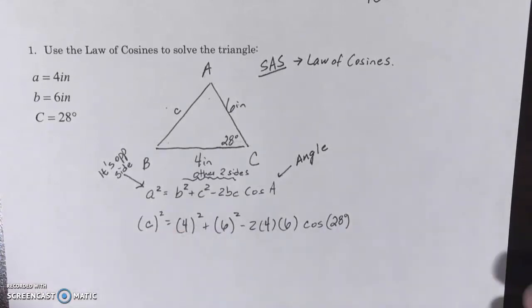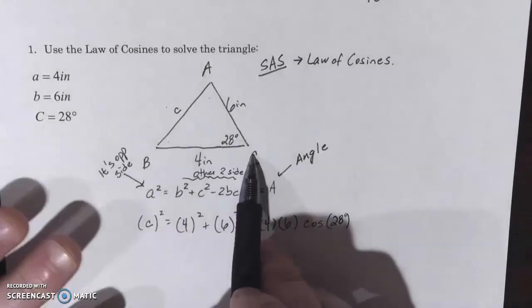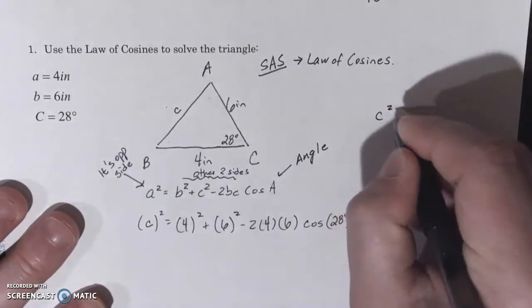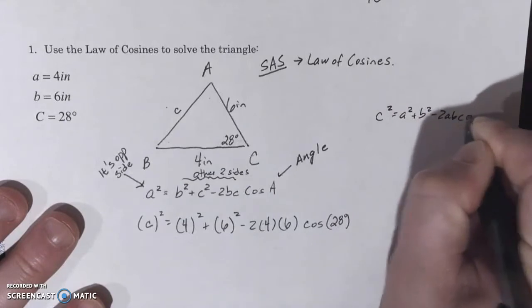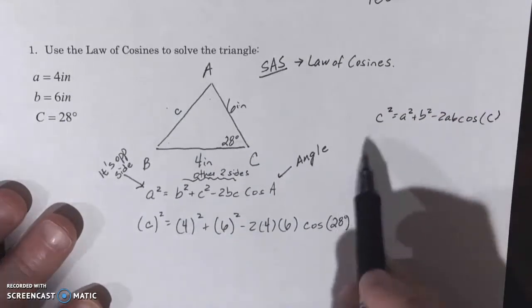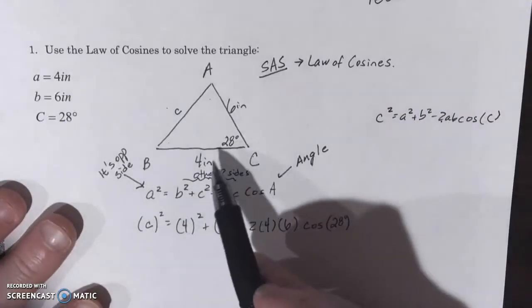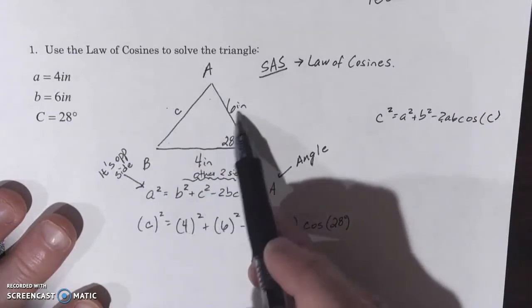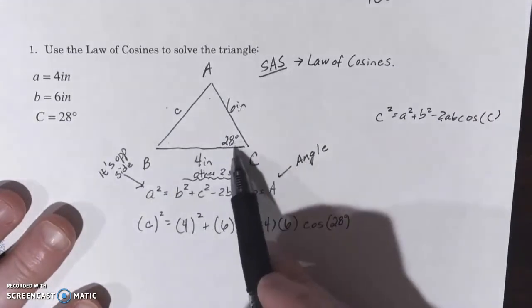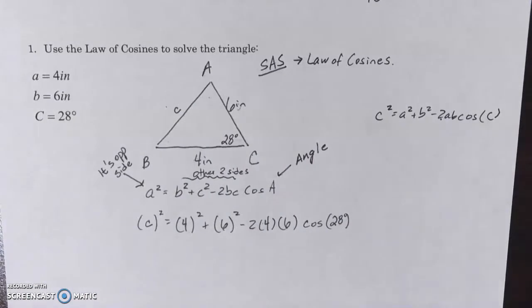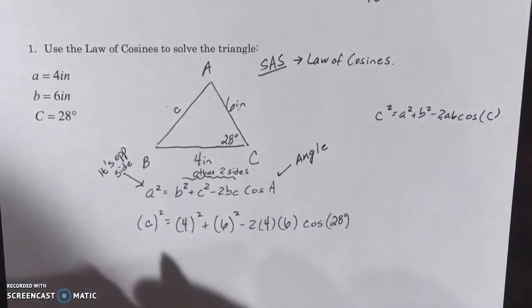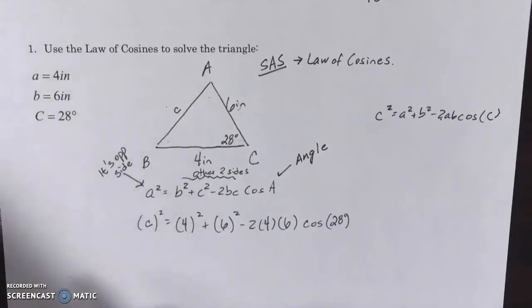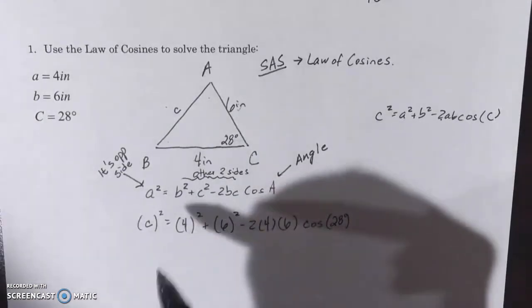If you really want to, knowing that we're going to use angle C, you can write it as the third one and be very specific about the fact that A and B actually do represent little a and little b here, and angle C. That's fine. As a teacher and somebody who's used the law of cosines a little bit and understands it, I don't really need to do that. What I do need to do is solve for C here.